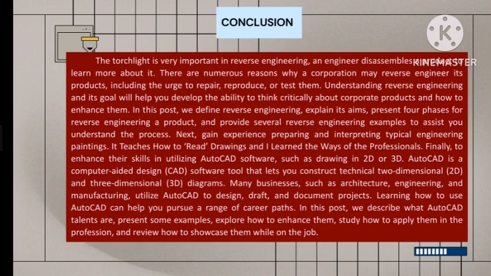Understanding reverse engineering and its goal will help you develop the ability to think critically about corporate products and how to change them. In this post, we define reverse engineering, explain it in depth, present four phases for reverse engineering a product, and provide several reverse engineering examples to help you understand the process.